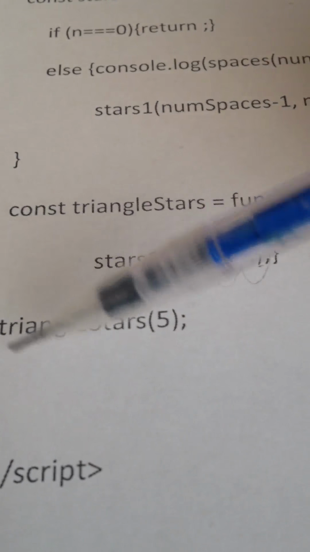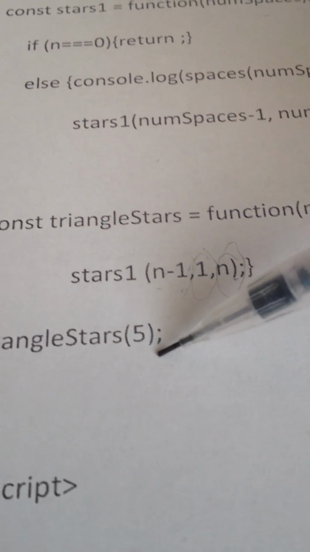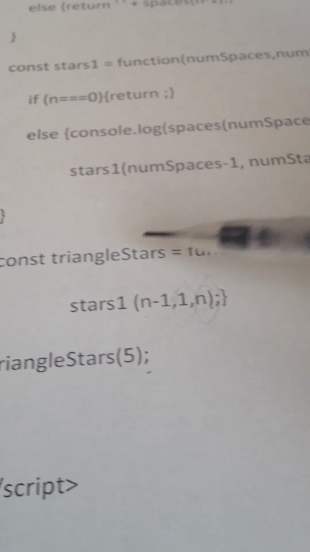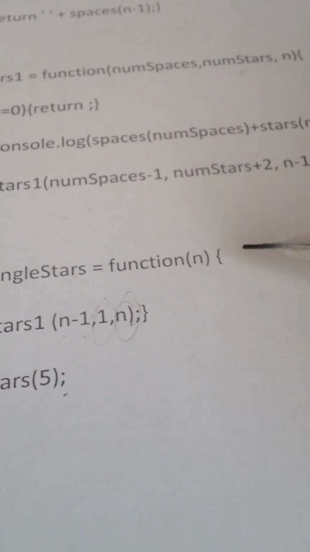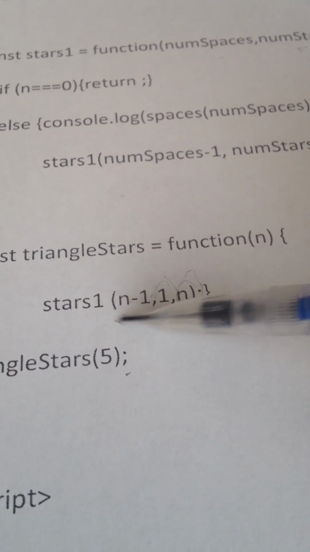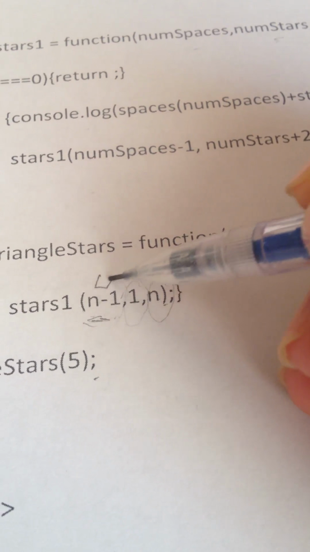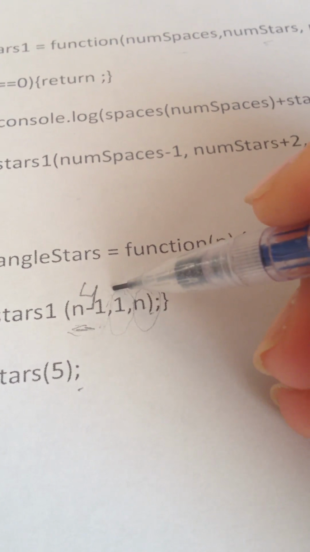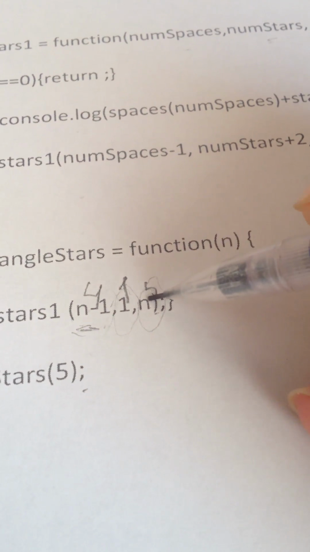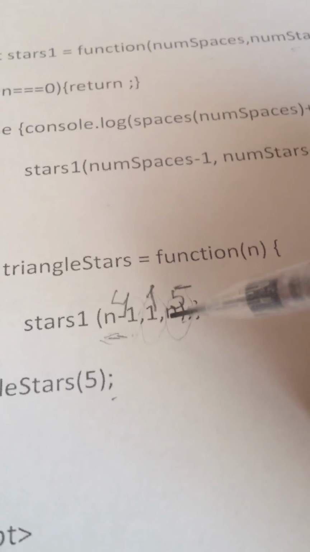So we're calling the triangle stars function with a 5 here. As you can see, we have the triangle stars over here. So it is going to run the stars1 with spaces of 4, 1 star, and with the height of 5.